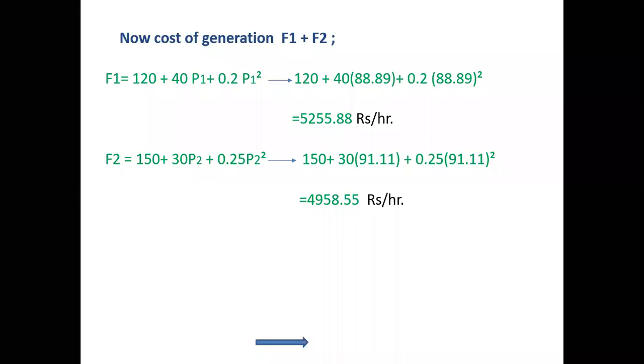Then find out the total fuel cost, that is F1 plus F2. Very good. The total cost is F1 plus F2 equals 1024.43 rupees per hour.